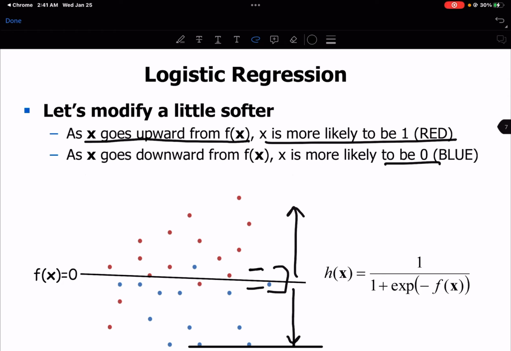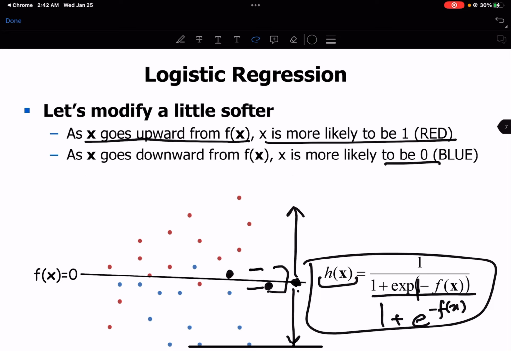So if you are touching the boundary, or near the boundary, then we decide based on our h of x function, which is defined as 1 over 1 plus e to the power of minus f of x. So this is our probabilistic classifier.